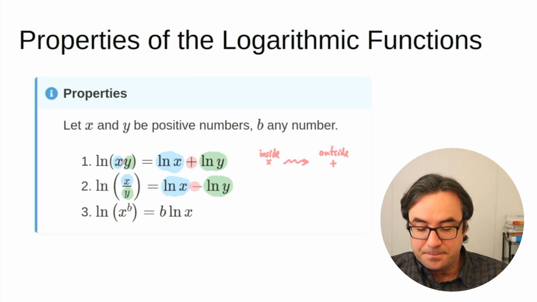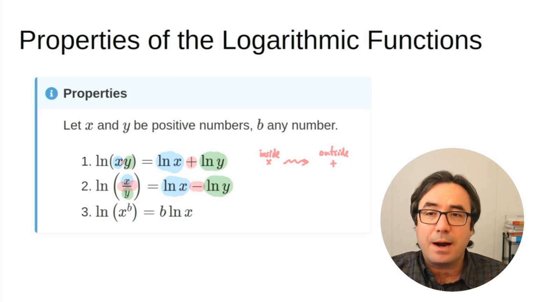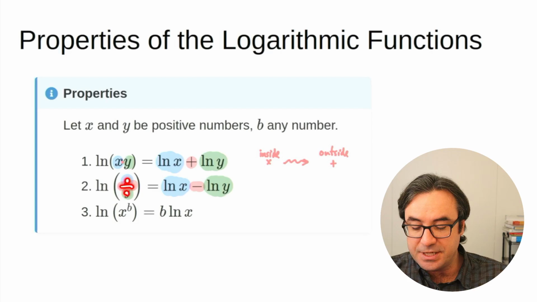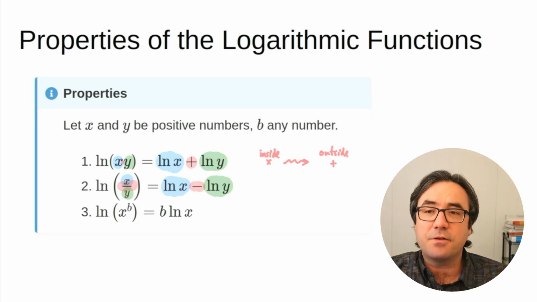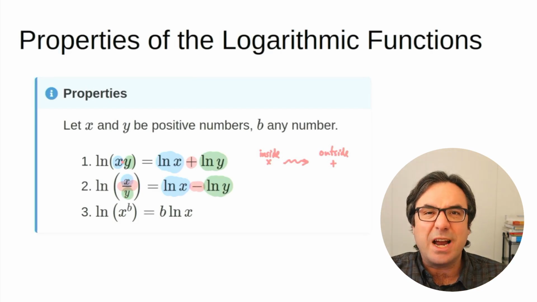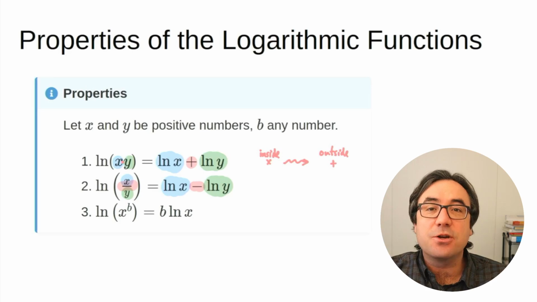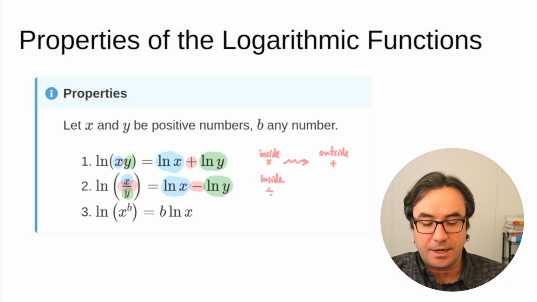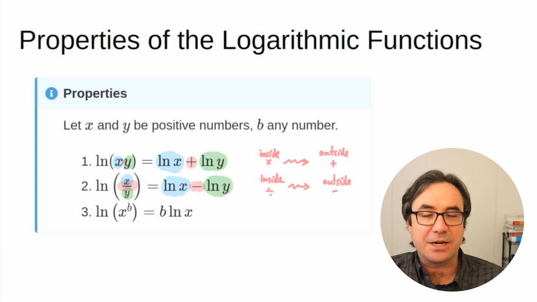And again, in this case, this log property is converting division. So we have this division sign inside of our log function, and it gets converted into subtraction. So again, kind of an easier operation. So we have division inside the natural log, and it gets converted into subtraction outside of the natural log.